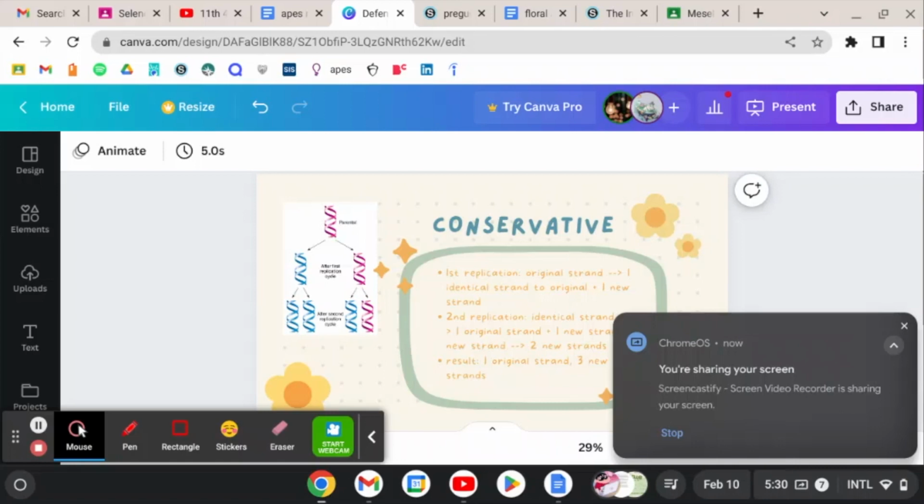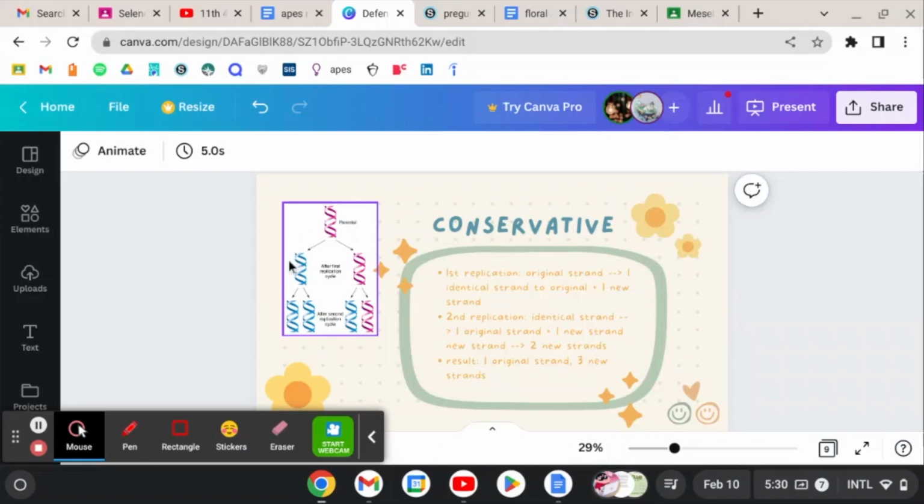In conservative replication, the first DNA replication results in one identical strand, which is this pink one, and one new strand of DNA, which is this blue one. Then in the second replication, the new strand would replicate into two new strands, and the identical strand would replicate into one identical strand and one new strand.